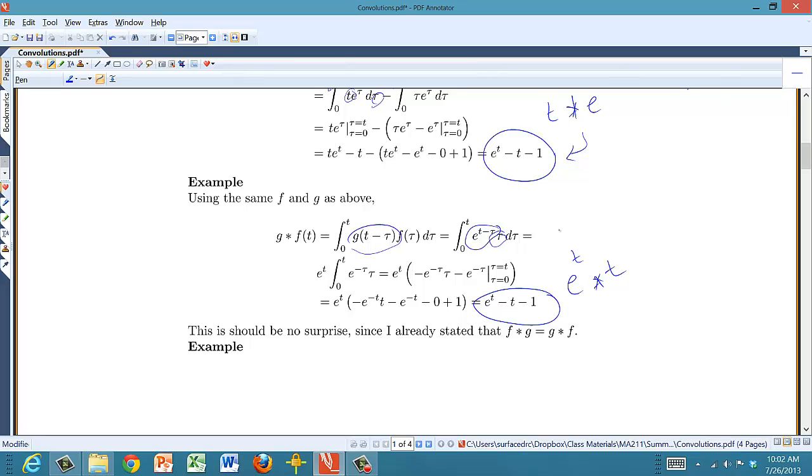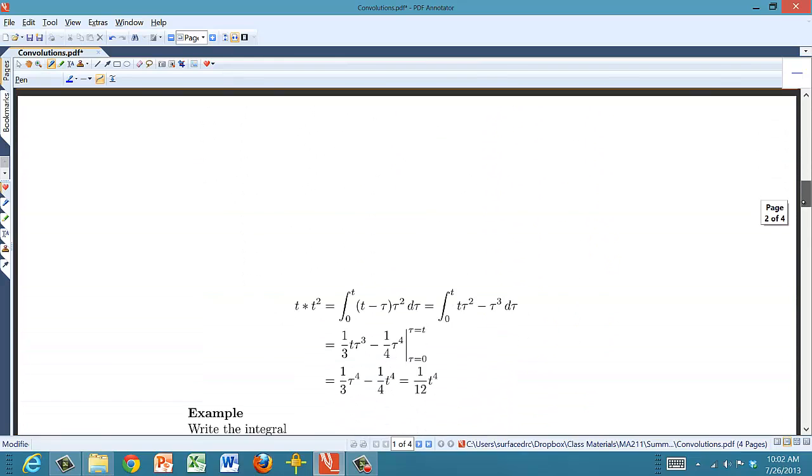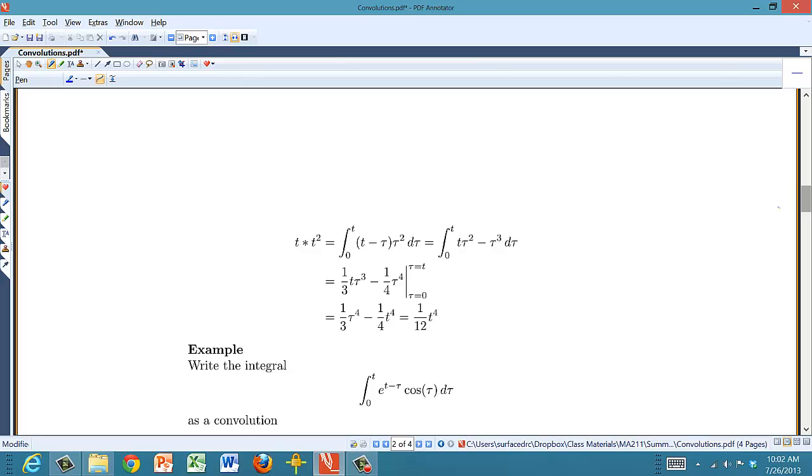I guess this time maybe it was a little easier to put the t minus tau into the e to the t, but neither one was very hard. Okay, so if you're given two functions, you can compute the convolution of the two. Here's another example.